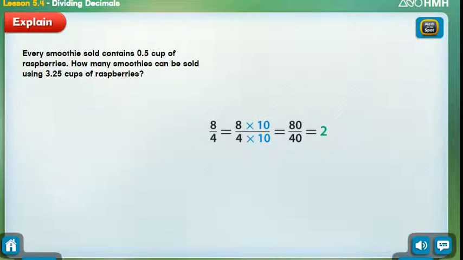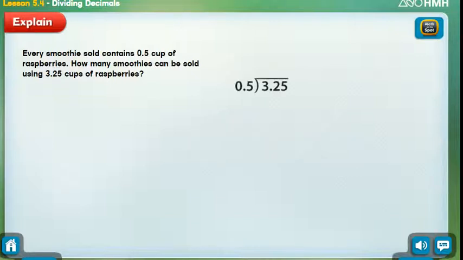When you multiply both the dividend and the divisor of a quotient by the same power of 10, the quotient does not change. 8 divided by 4 is the same as 80 divided by 40. 8 divided by 4 is also the same as 800 divided by 400, and therefore the same as 80 divided by 40. When you divide a number by a decimal, first change the divisor to a whole number by multiplying it by a power of 10.